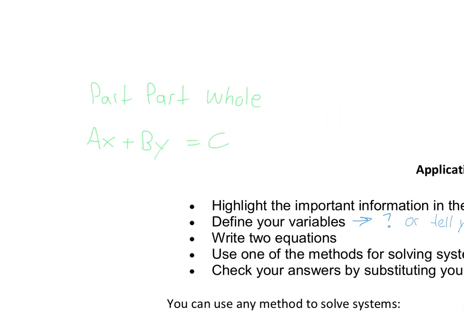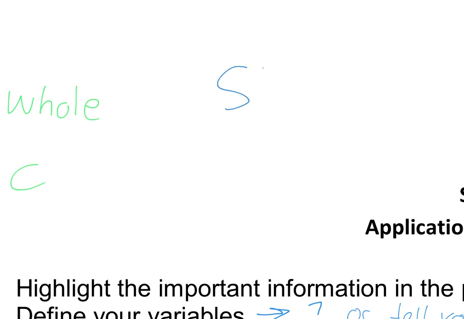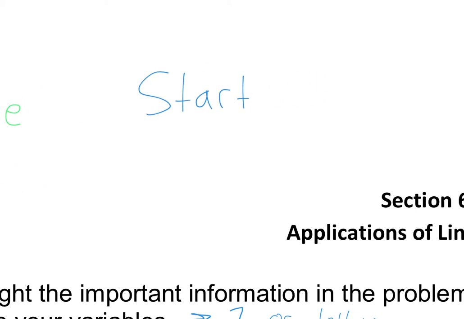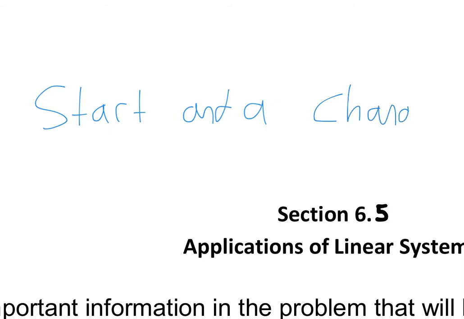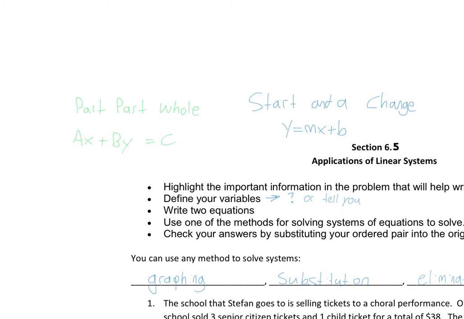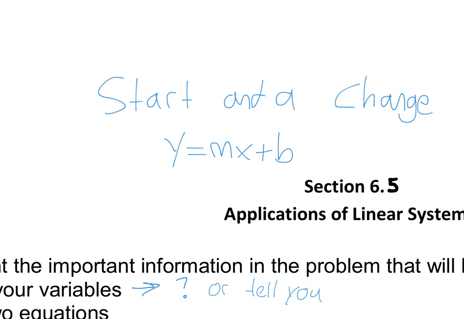Another type is if you have a starting point and then you have a change. That's our y equals mx plus b, where this is the start and that's the change.